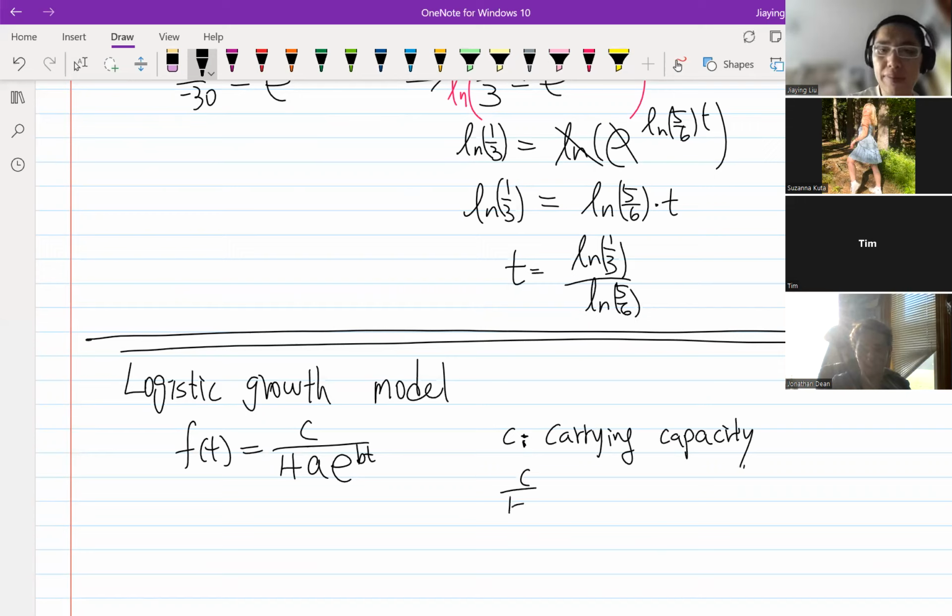And c over 1 plus a is the initial starting value, because if we put t equals 0, e to the bt is e to the 0, that's a 1. So we end up with c over 1 plus a.